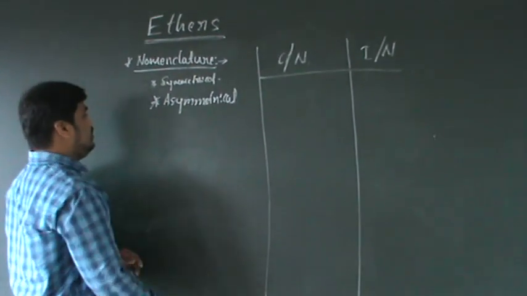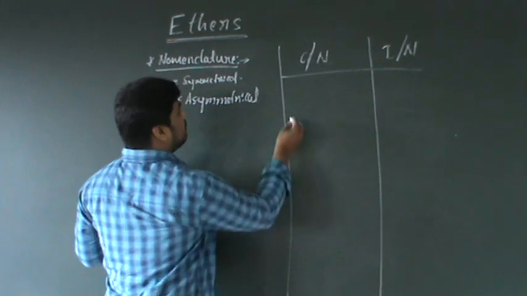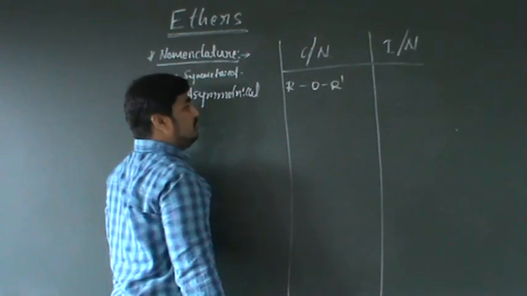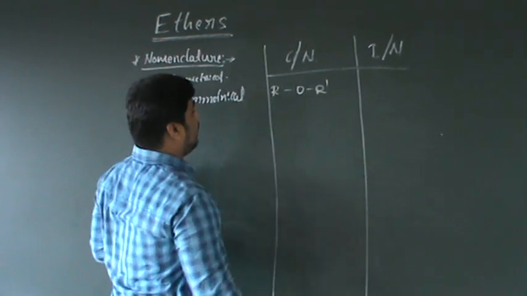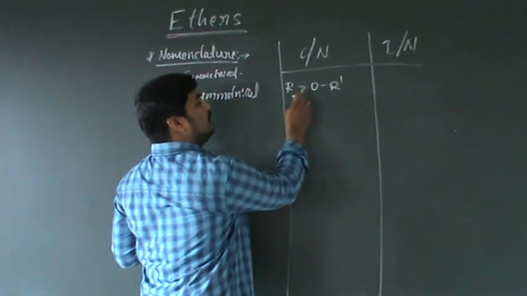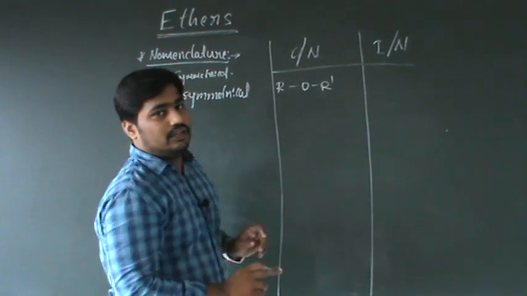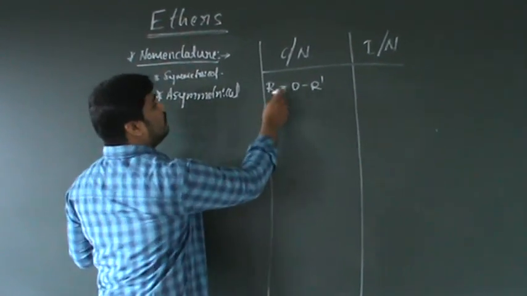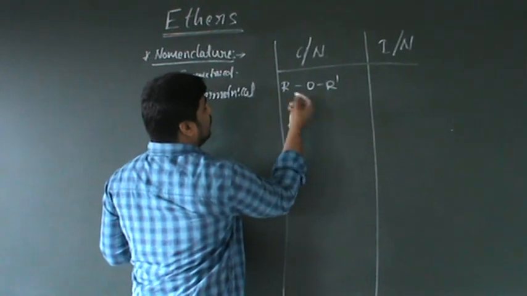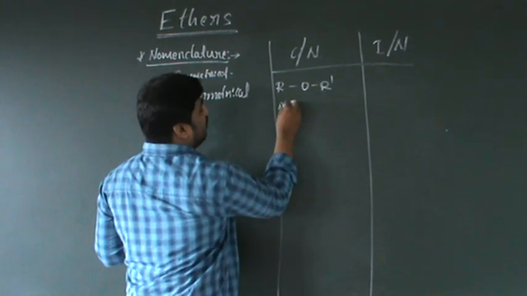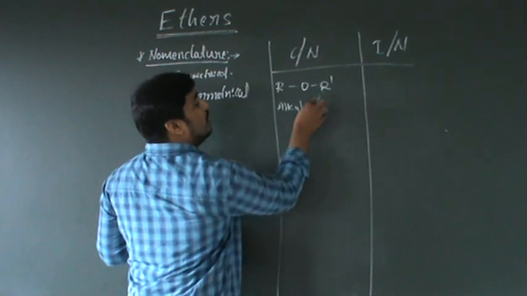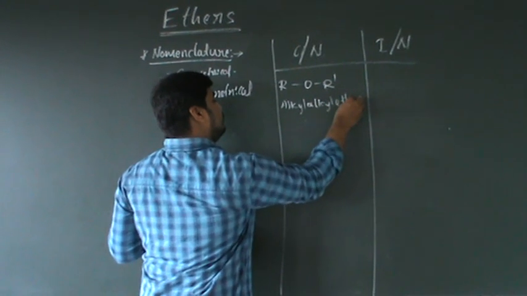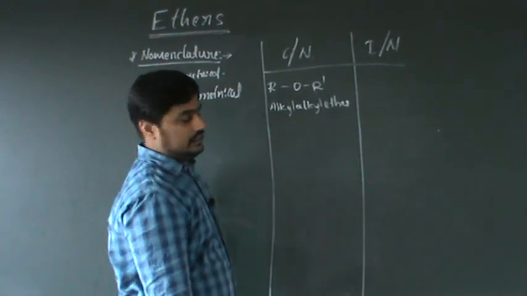Asymmetrical ether is represented as R-O-R dash. What is the meaning? Two different alkyl groups. This one is completely different from this one, therefore we can't use di. Here we don't use di for the common naming system. One is an alkyl group, another is also an alkyl group, then ether: alkyl alkyl ether.